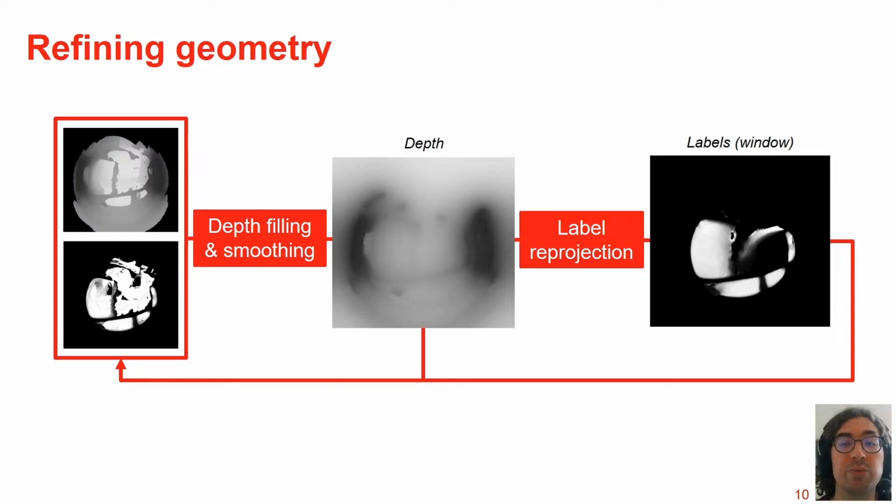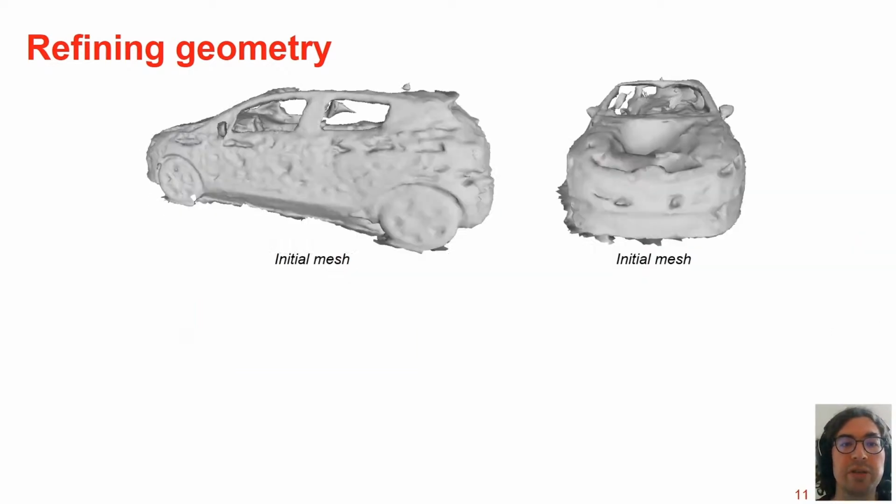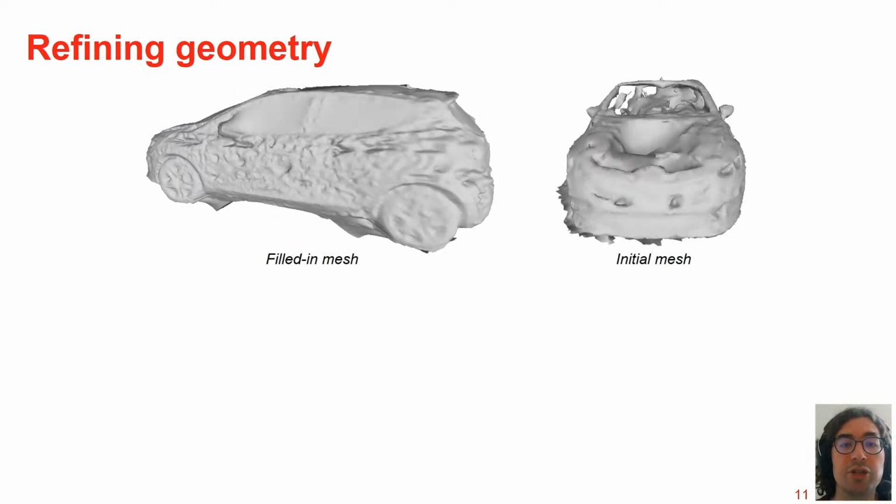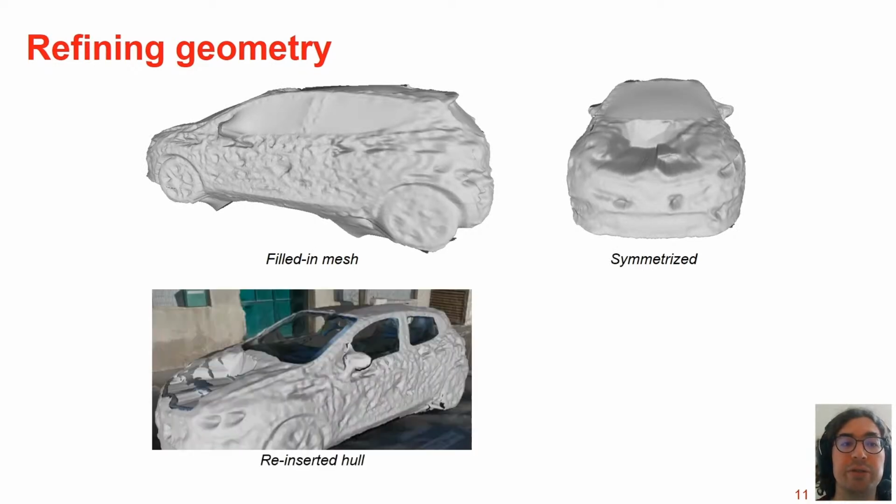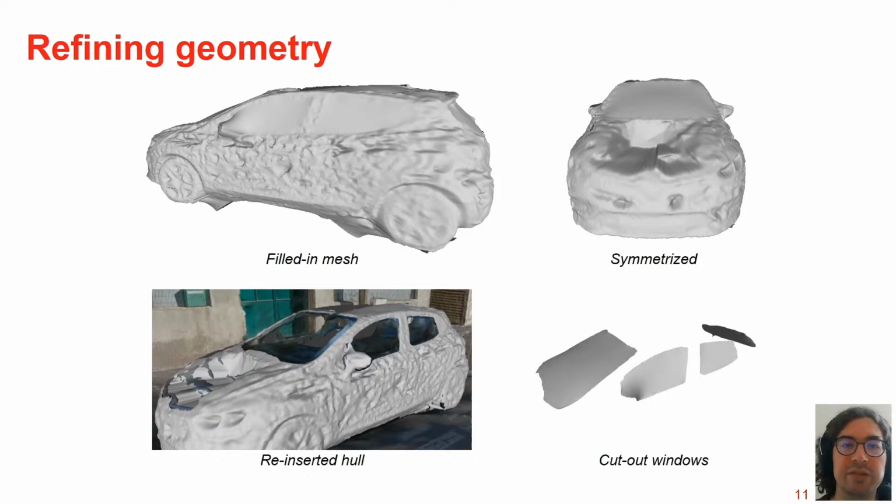Once the depth map is refined, we can update the semantic labels and iterate the process. Finally, the depth map is retransformed into a mesh with filled holes. We then symmetrize the mesh and split it into the hull, which will be reinserted in the global mesh, and the window panels that will be used as a support for rendering reflective effects.